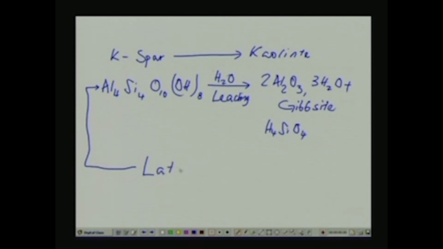Now, this chemical reaction leads to a process called lateritization. In fact, you may already know that India is one of the chief sources of aluminum ore of this composition, and this type of deposit, gibbsite deposit or bauxite deposit as it is better known, is formed mainly from the leaching of potassium feldspar.